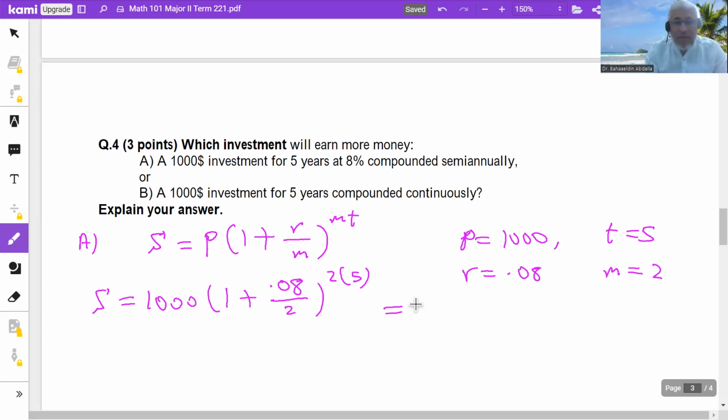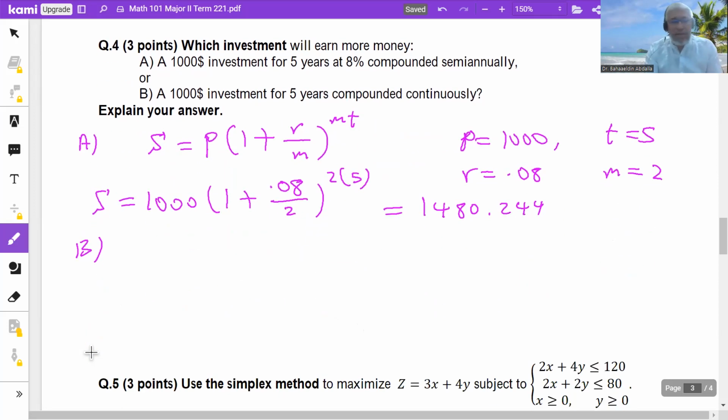You will find that the answer is 1,480.244. In B, the plan is to invest the same amount, 1,000, so P is 1,000, for 5 years, so T is 5 again, but compounded continuously.